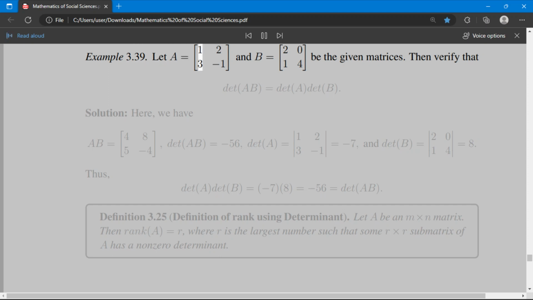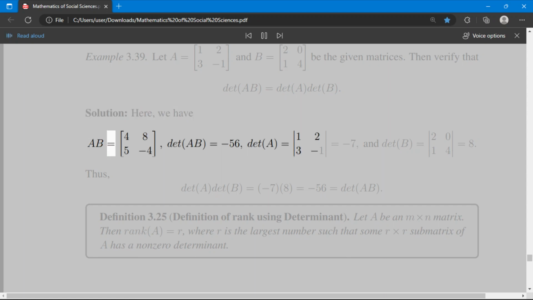Example 3.39. Let A equals 1 2, 3 1 and B equals 2 0, 1 4 be the given matrices. Then verify that det AB equals det A det B. Solution.